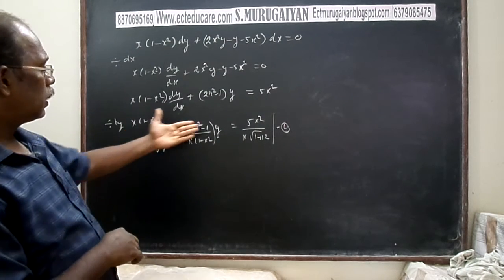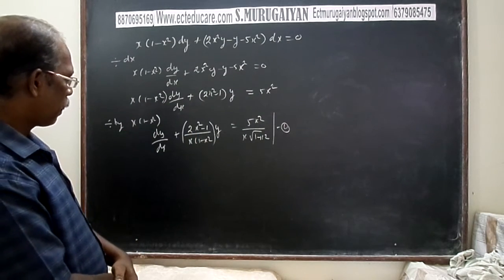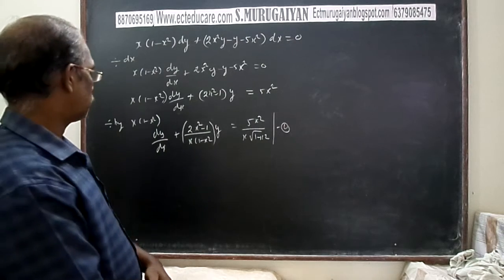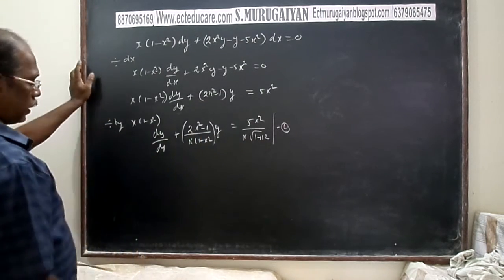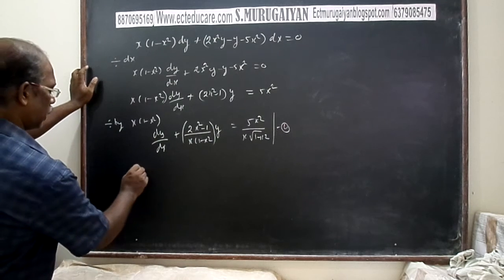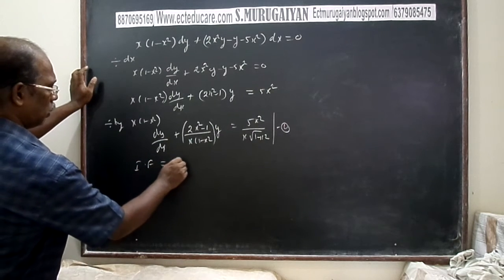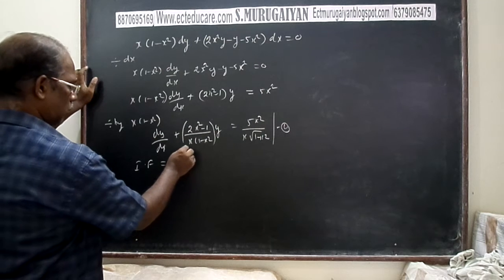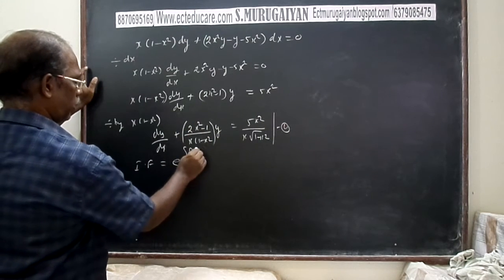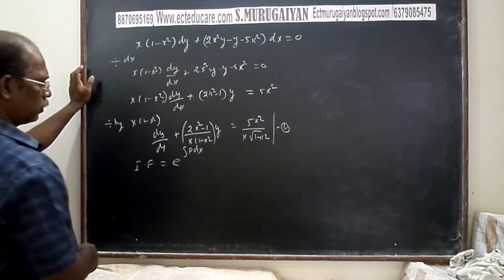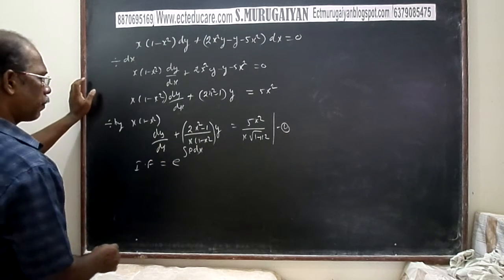To convert the differential equation into an exact differential equation, we have to multiply by the integrating factor. What is the integrating factor? Exponential of the integral of the coefficient of y with respect to x; x is the independent variable here.